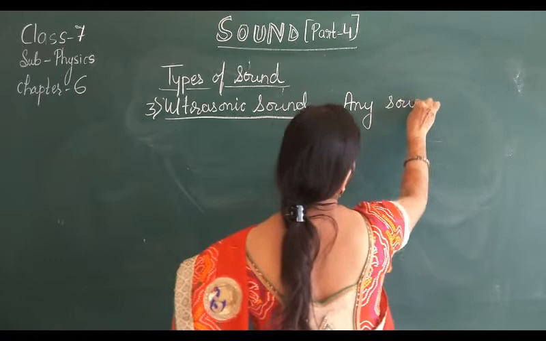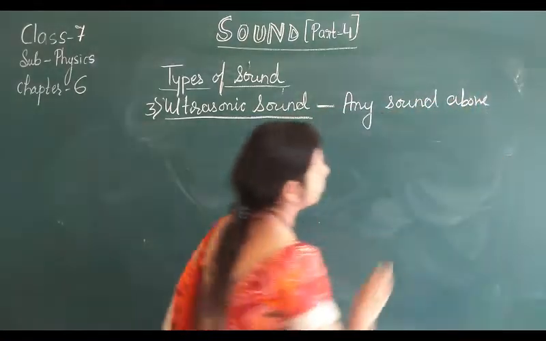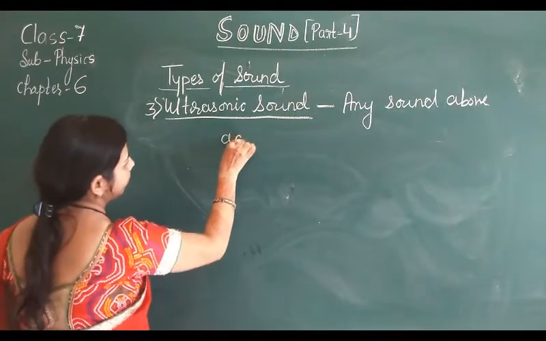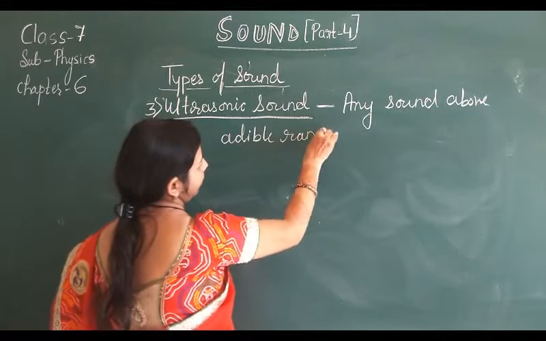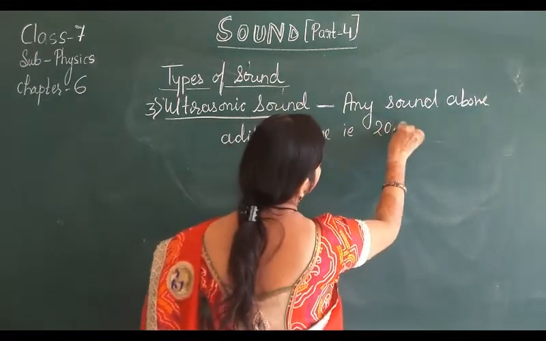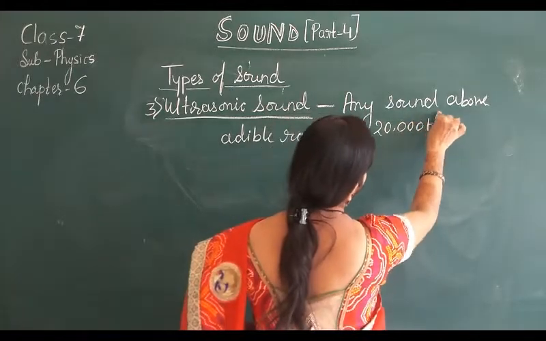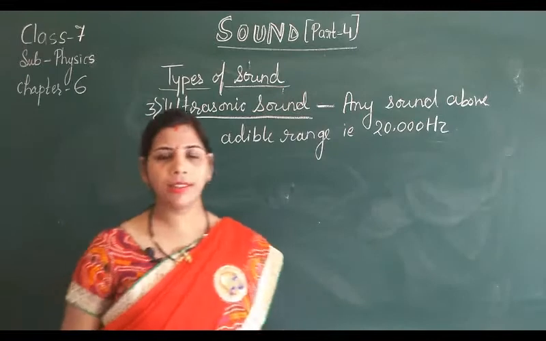Any sound above the audible range, that is 20,000 hertz, is called ultrasonic sound.